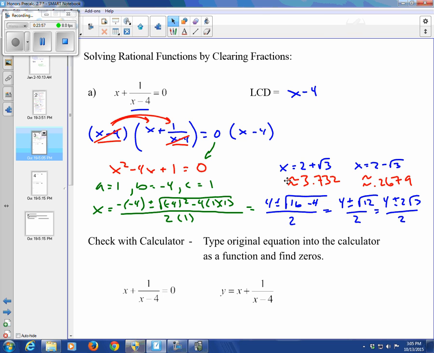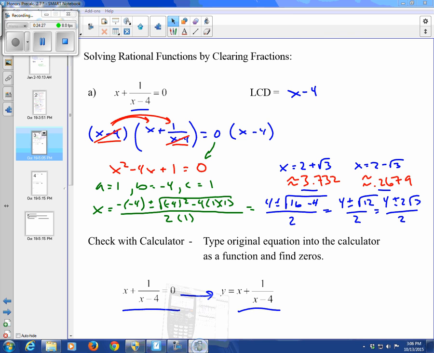Plugging these back into the original equation to see if they give us solutions is a messy process. So one thing we can do to check whether our solutions are valid is to change our equation into a function, type it into the calculator, and since our equation equals 0, see if this function has x-intercepts that correspond to these solutions.